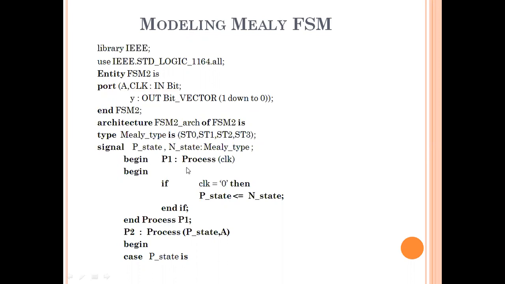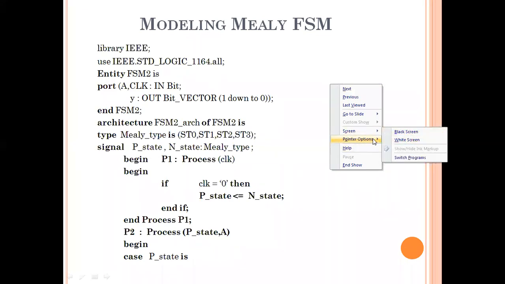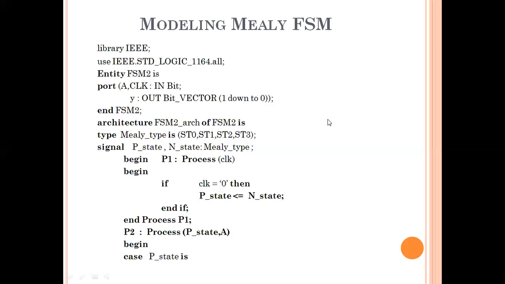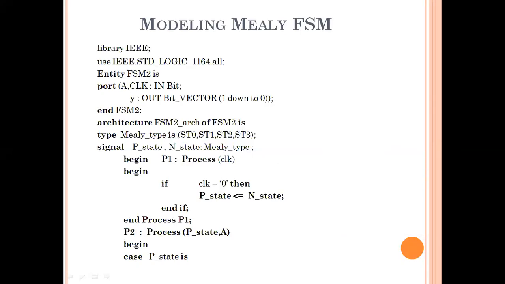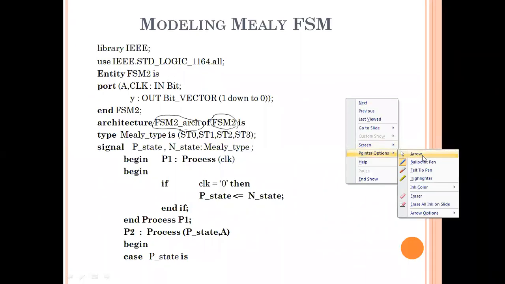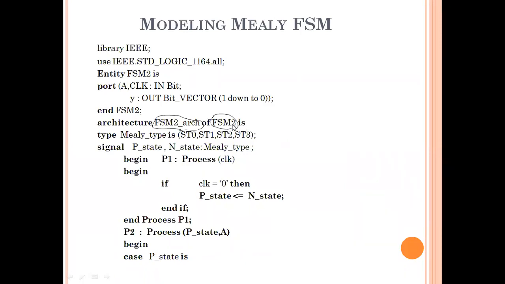Next is the architecture part. The name of the architecture is FSM2_arc, and the associated entity is FSM2.